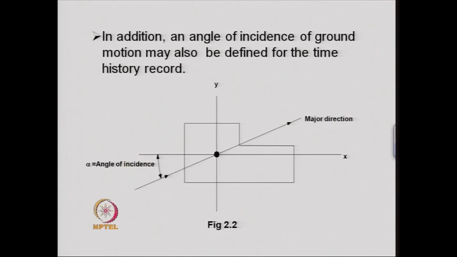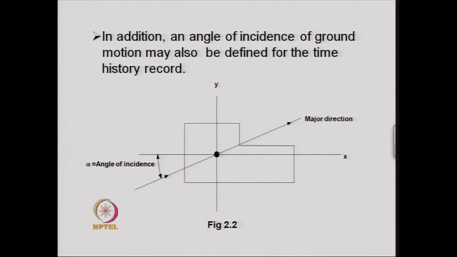In addition to this, there is an angle of incidence of the ground motion. This is defined with respect to the principal direction of the structure. For example, in figure 2.2, one of the principal directions of the structure is lying along the x direction, and alpha is the angle of incidence.